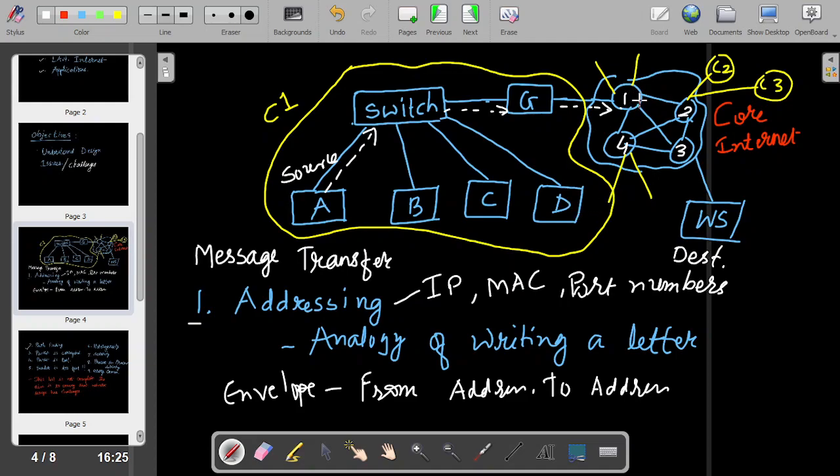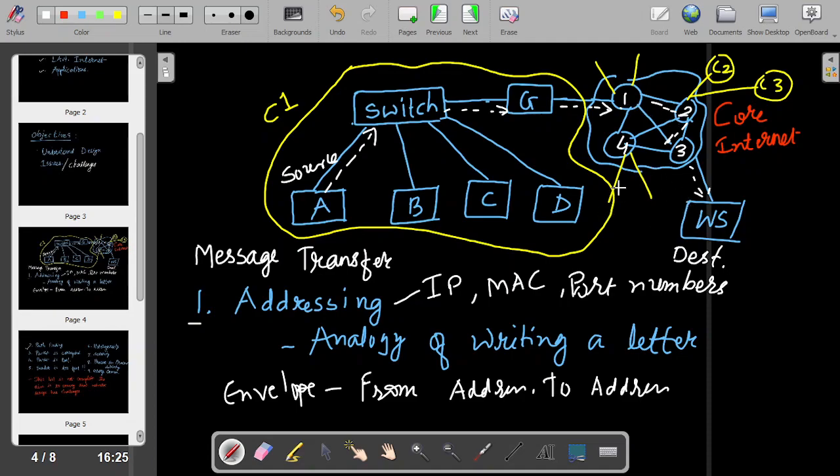So in this example, suppose router 1 knows that the web server can be reached through this path, then router 1 will forward the incoming packet to router 2, router 2 will forward it to router 3 and 3 will forward it to the web server. But this is possible only if every router has knowledge about how to forward a packet to the web server.